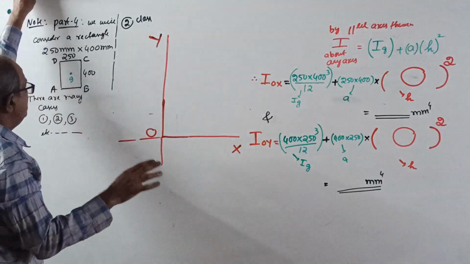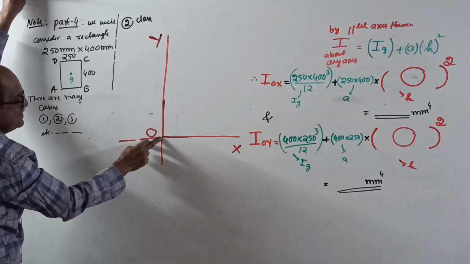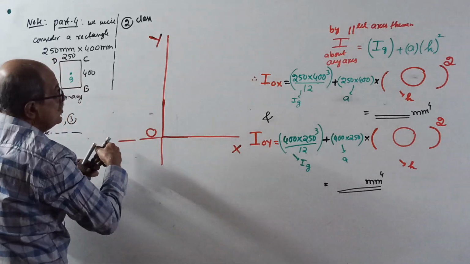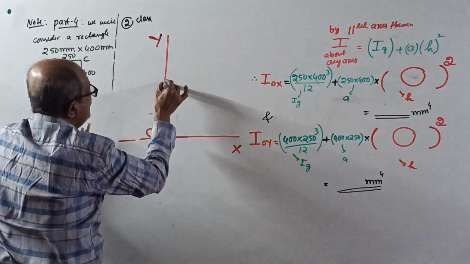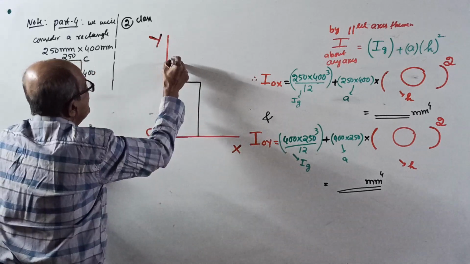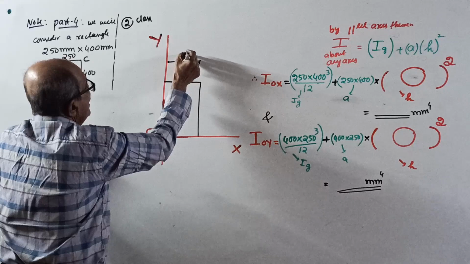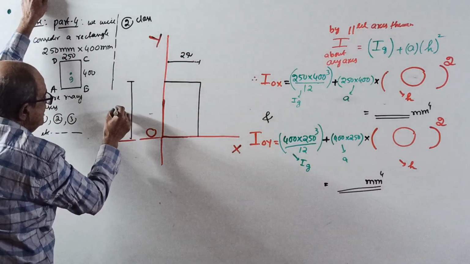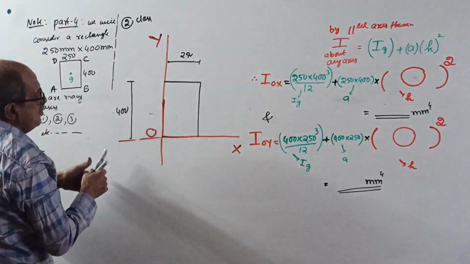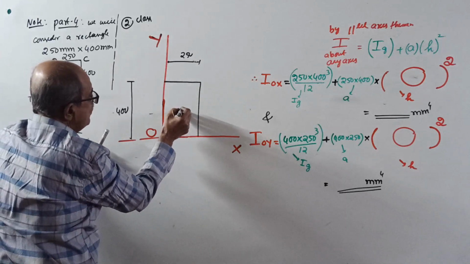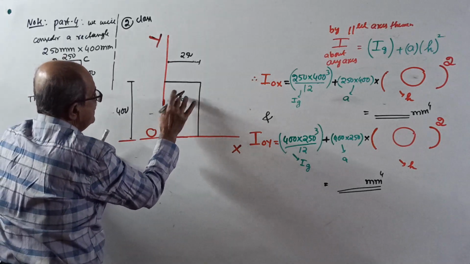In simple language, point A touches O, and the 250 by 400 rectangle sits this way. I will put the dimensions outside, 250 and 400. Now this is the centroid G.